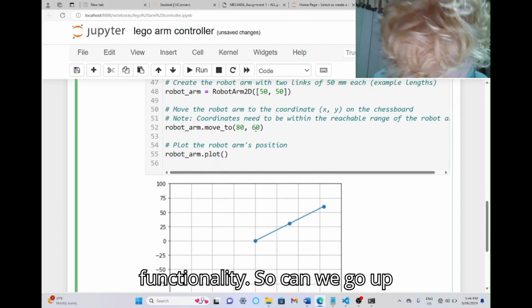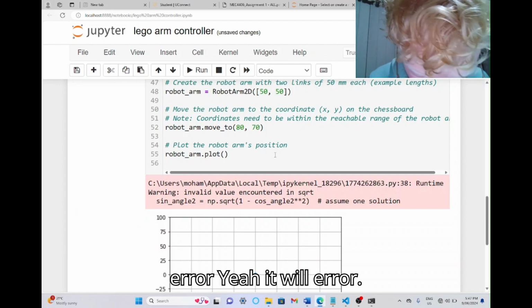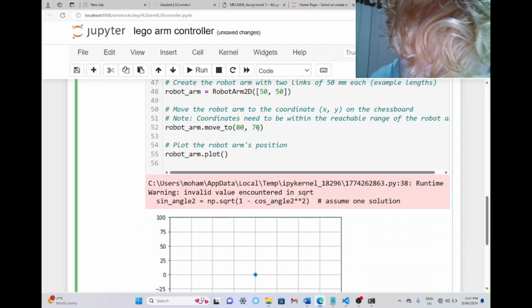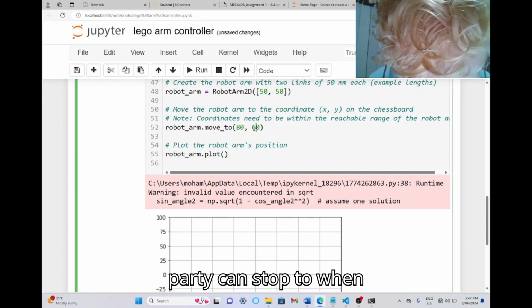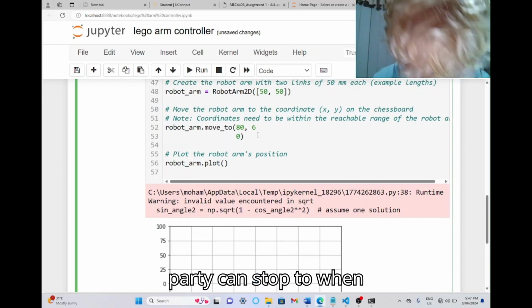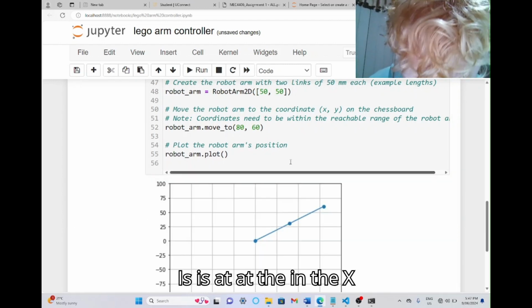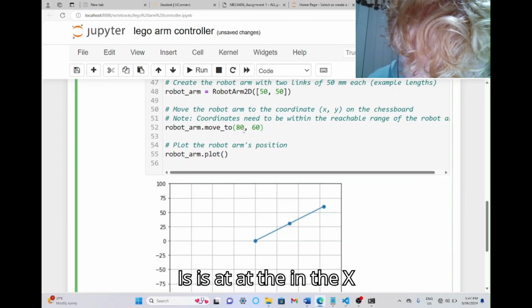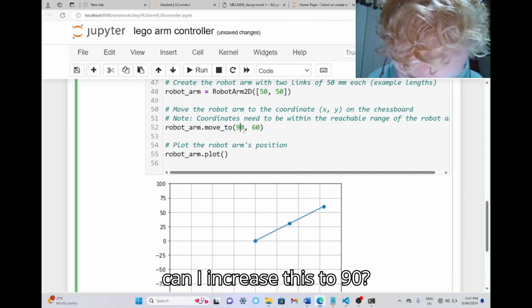So can we go up to 70, or will it error? Yeah, it will error. So the only place it can stop is when x is 80, it will be at y 80. So how about if I increase this to 90?